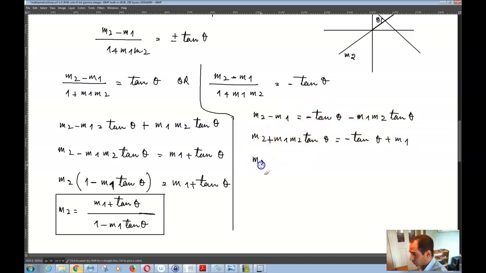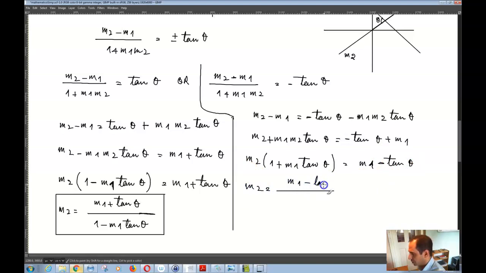If I take the m2 out, I will get m2 times (1 plus m1 tan theta) is equal to m1 minus tan theta. So m2 is equal to (m1 minus tan theta) over (1 plus m1 tan theta). So these are the two different slopes that we get for that line.